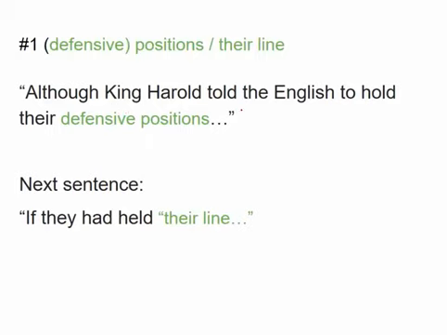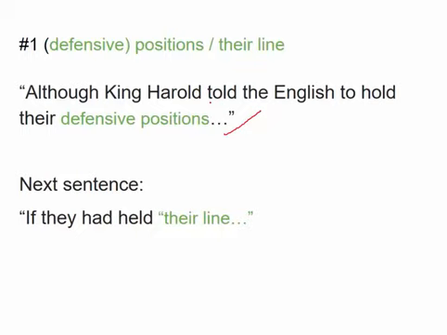Although King Harold told the English to hold their defensive positions, it goes on to say they got too excited and they went and chased after the Normans. Later it says in the next sentence, if they held their line, then they might have won. Something like that. So this is the sentence that's paraphrased in the flowchart.